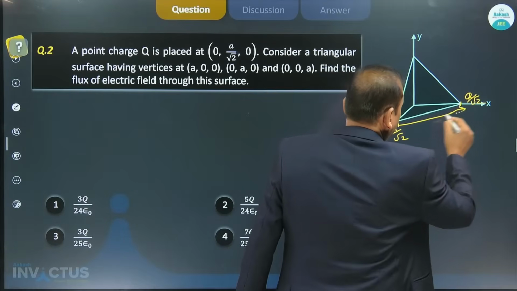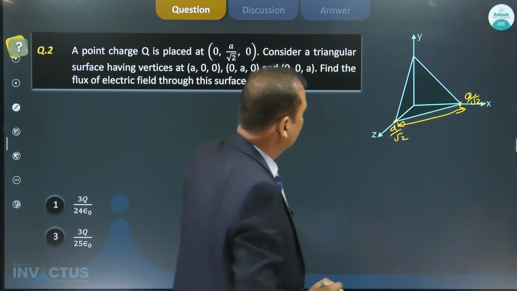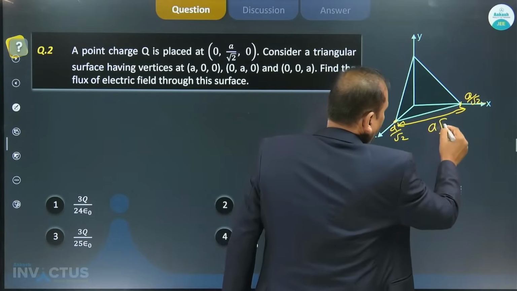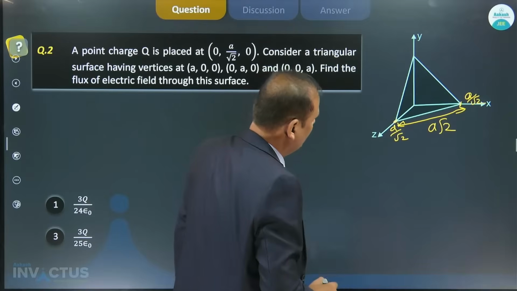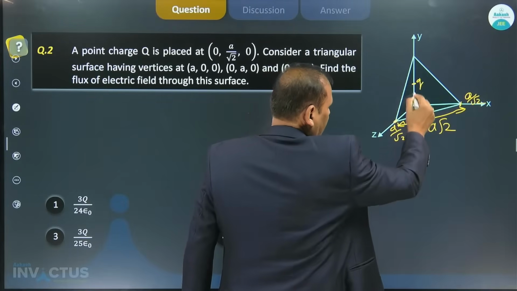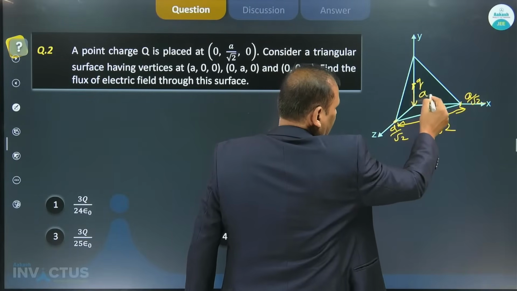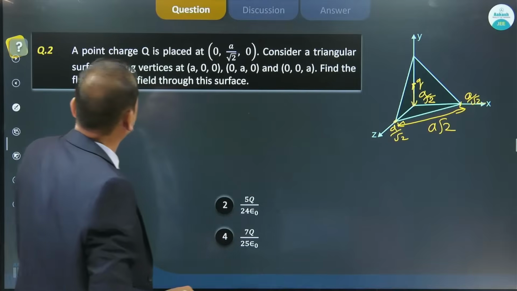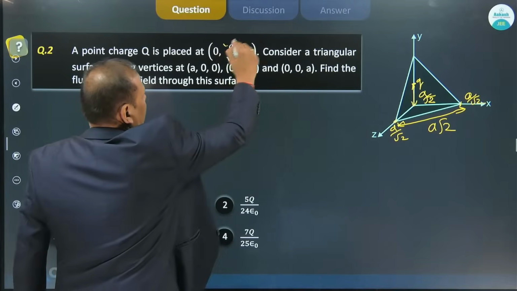So this distance will be a root 2, and here is the charge, and this distance is a by root 2. It is given here.